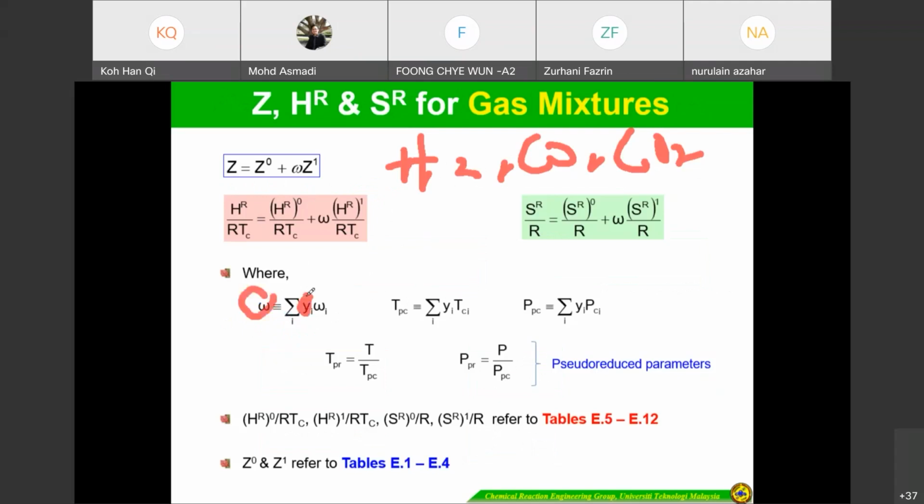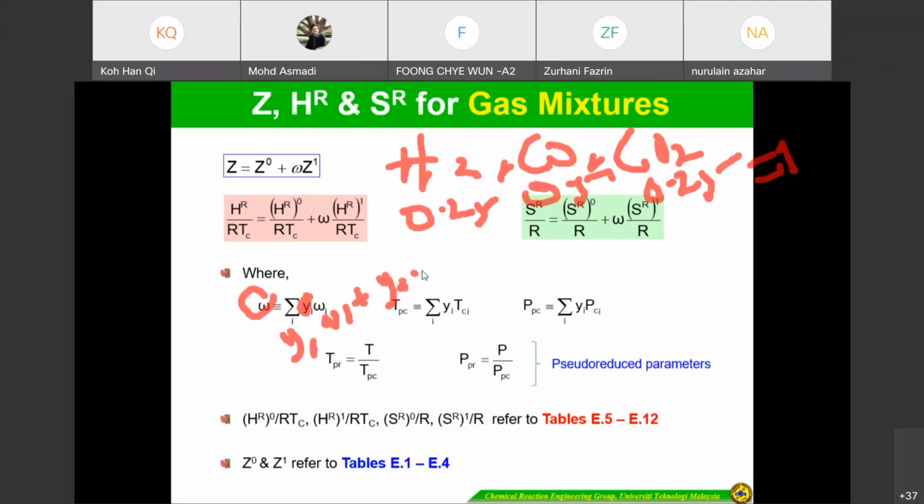They have fractions: if this one is 0.25, this one is 0.5 and this one 0.25, the total is equal to 1. So the fraction times the value for each species: y1 omega 1 plus y2 omega 2 plus y3 omega 3. So you can get the total omega.